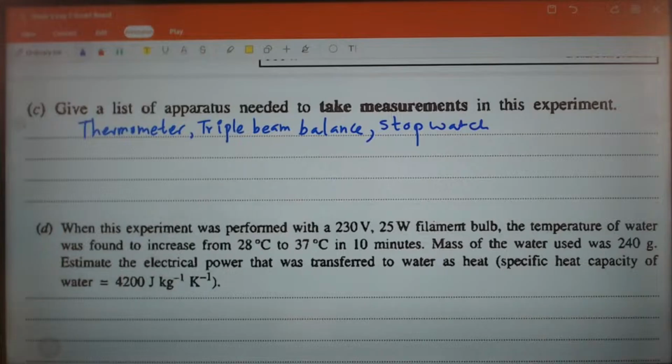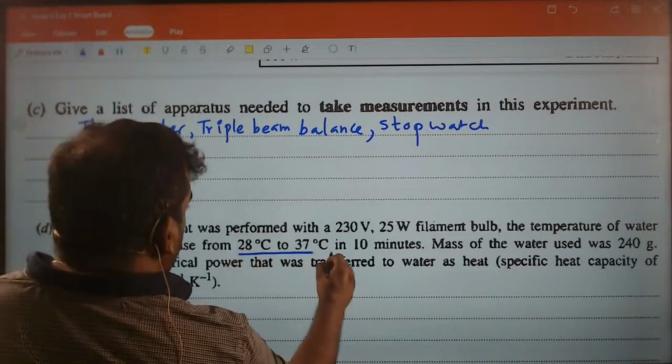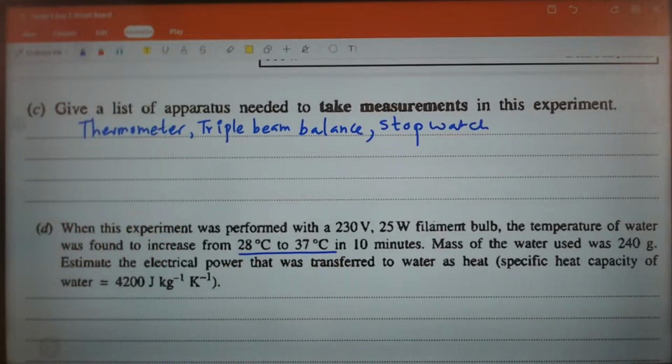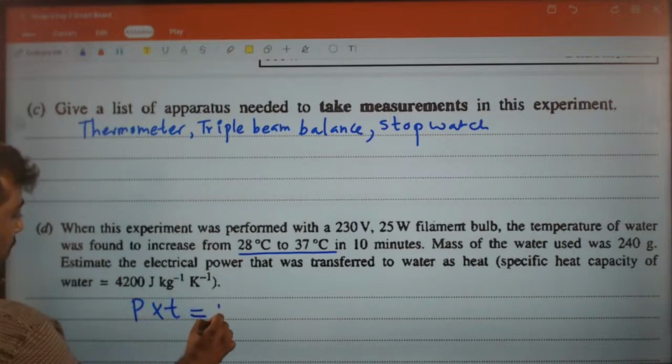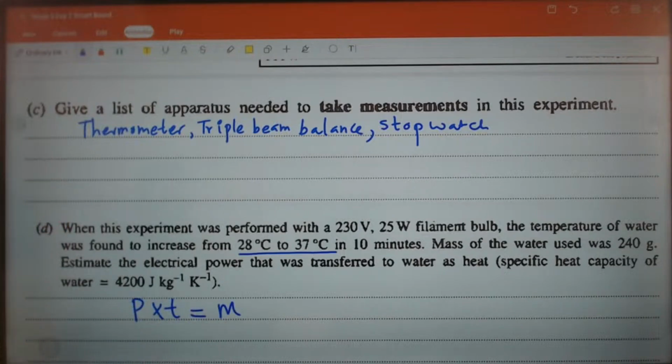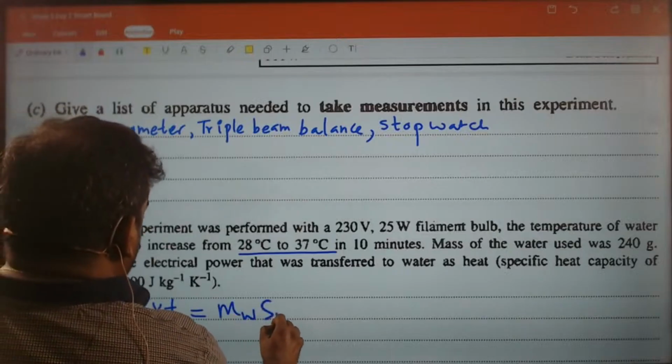Right. When this experiment was performed with 230 volt 25 watt filament bulb, the temperature of water was increased from 28 to 37 in 10 minutes. Mass of water used was 240 gram. Estimate the electrical power transfer. So power multiplied by time is equal to m c delta theta.